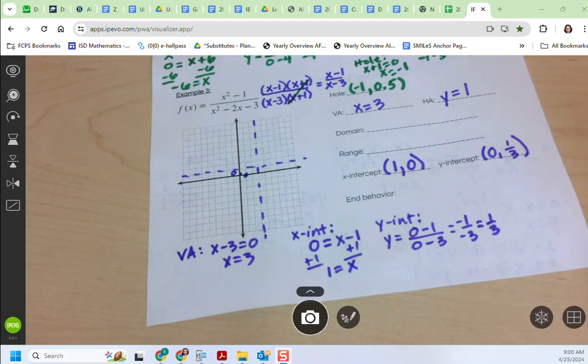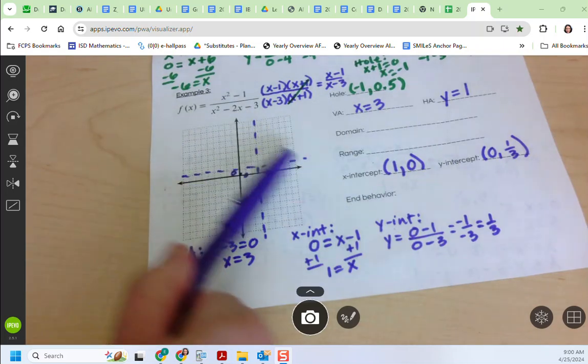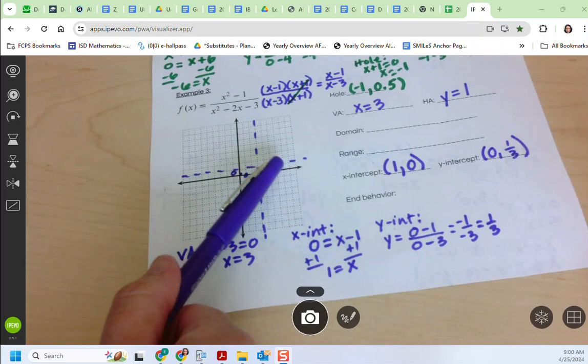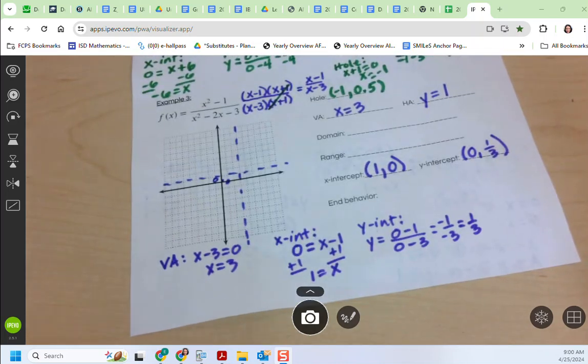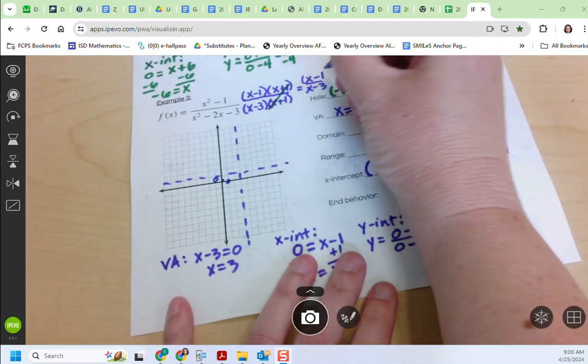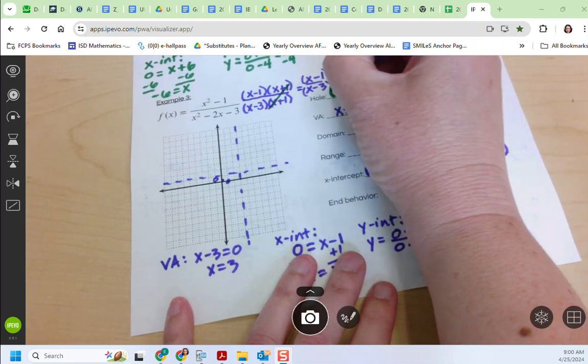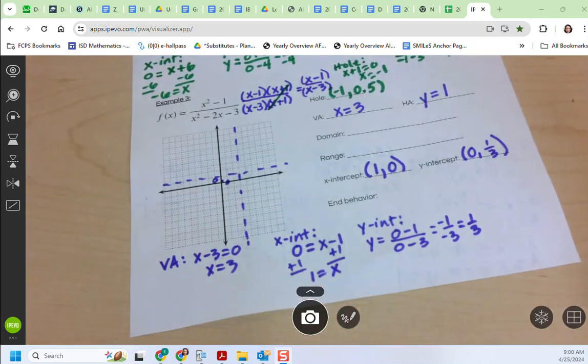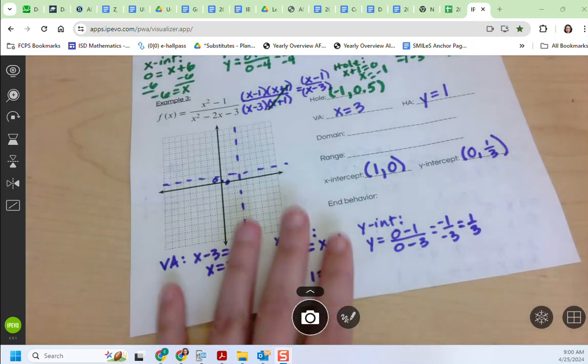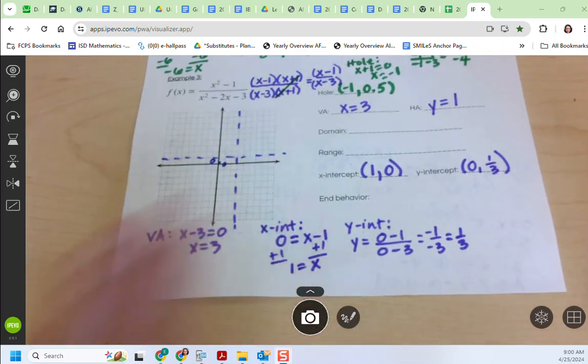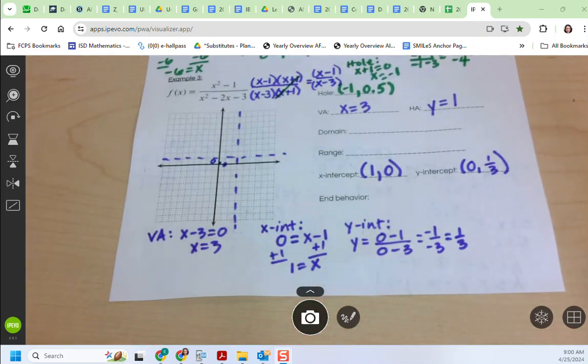All right, let's put this in the calculator so we can get some numbers to graph over here on the right side. So remember when you do it to put parentheses around the numerator and around the denominator, okay? Press the y equals button. If you don't know where the y equals button is or you're having any trouble with graphing this on the calculator, please ask a neighbor to help you.